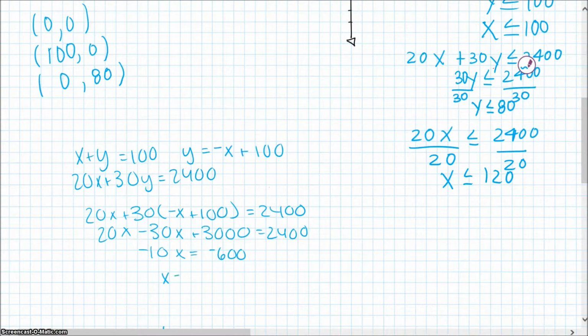So x would equal 60. And since we have what x is, we can plug it into the first equation: 60 plus y equals 100, and y would equal 40.